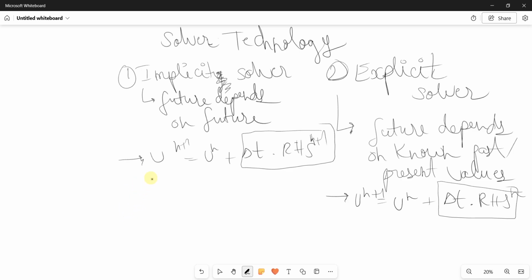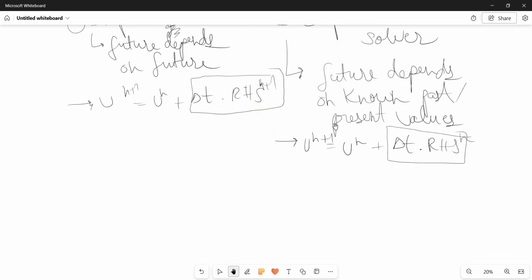So why is this important to know both of this? Well, it's just that they have some conditions. So explicit is simple and fast, but stability, you have some stability restrictions.